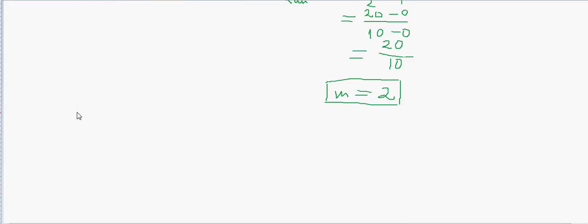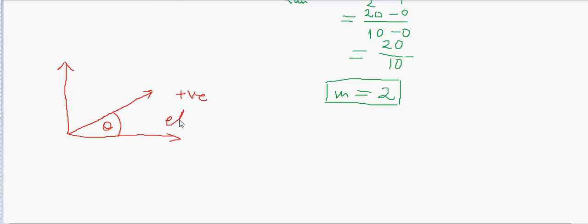Just a few things to remember. When a gradient rises positively in the y direction, the gradient is positive. And the angle is called the angle of elevation, because the actual gradient is above the horizontal.